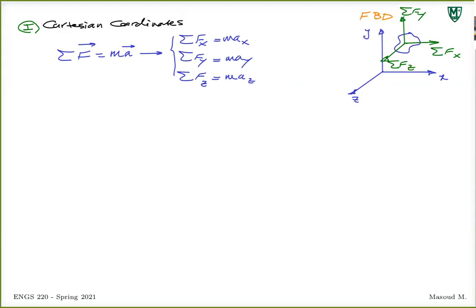Now, what changes is that now in dynamics, we are going to have another diagram. You see it under different names. I refer to it as the kinetic diagram, but you will see different names as long as you know what it is. It represents the inertial forces, as they call it.